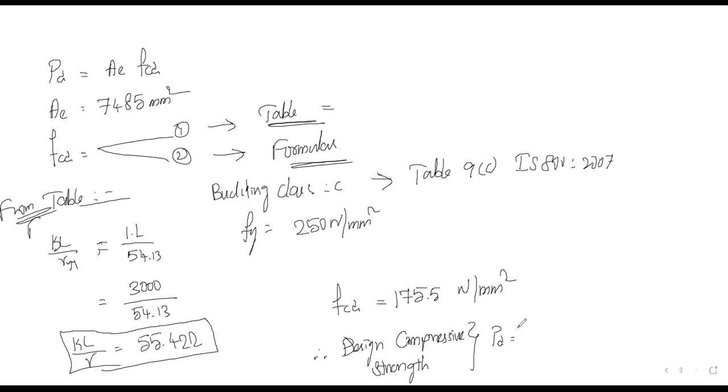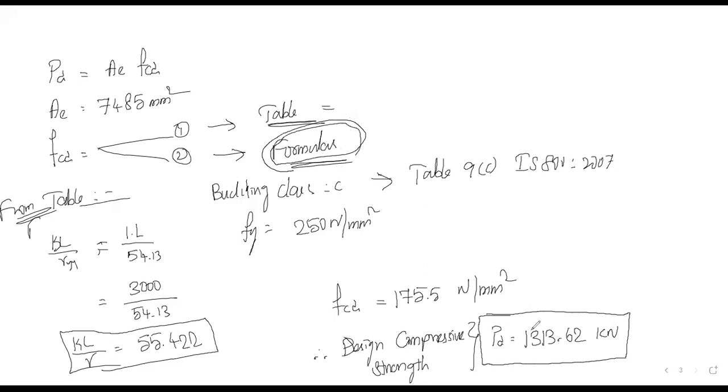So the value becomes 1313.62 kilonewton. So this is the design strength of the member using the table.